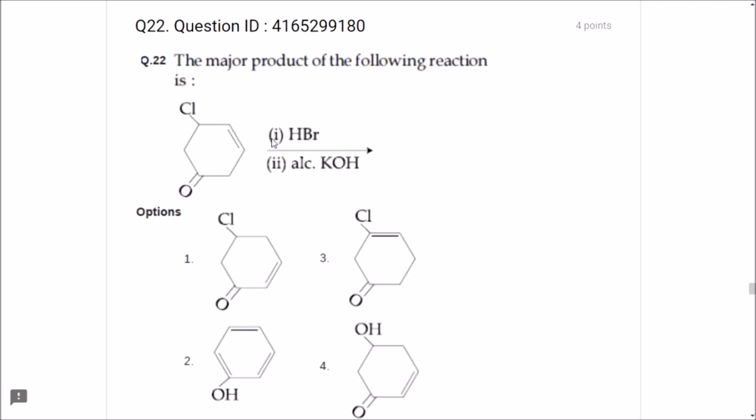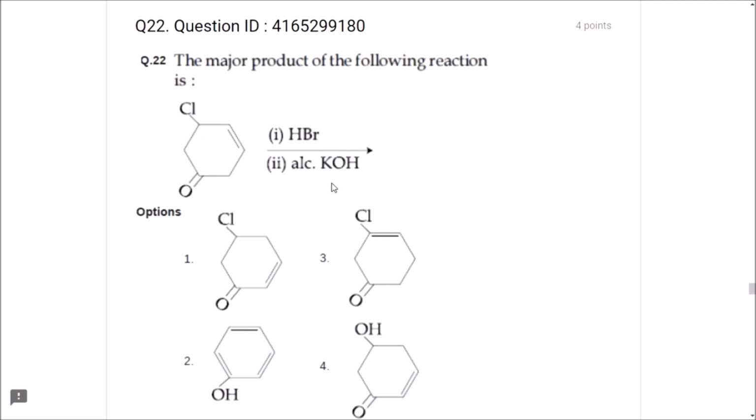In presence of HBr, the double bond undergoes addition. H plus will be taken by this carbon and we will get bromo here. There will be no double bond, and here chloro, and this is keto group. So we are going to get bromo, chloro and keto group.